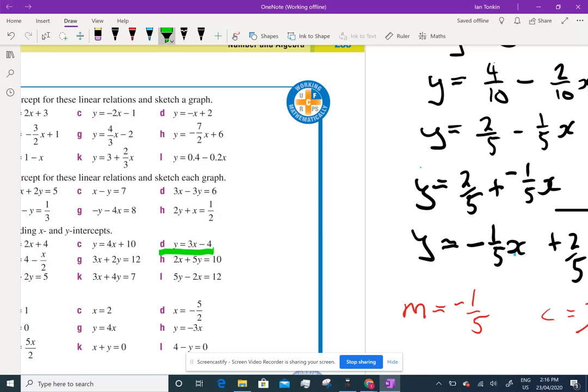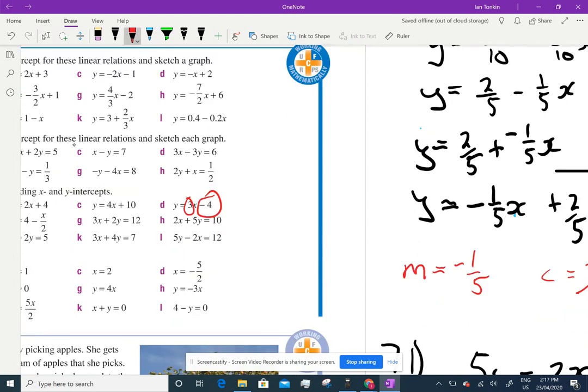So the x-intercept's really easy. It's just this thing here, the -4. But the y-intercept, you can just change the sign of this, so make that 4, and divide by that. Well, let's see. If I let y equal 0, for that, I get 0 equals 3x minus 4.